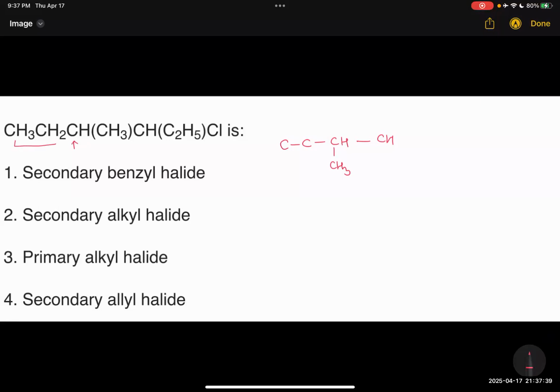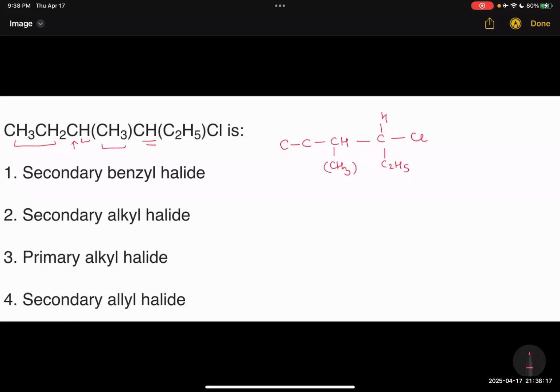There is one ethyl group, there is a hydrogen, there is a methyl group put in the form of a branch sideways, and this subsequent CH group. This CH group also has an ethyl group, C2H5, connected to it. There is one H written over here, and there is a Cl. So this is the condensed structure, and this more detailed structure can help us make out whether it is primary, secondary, or tertiary.